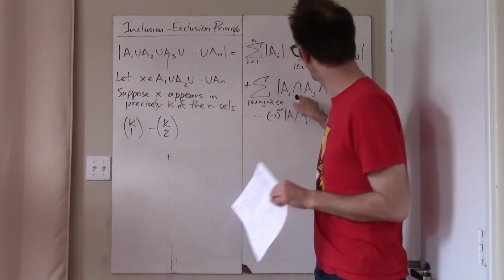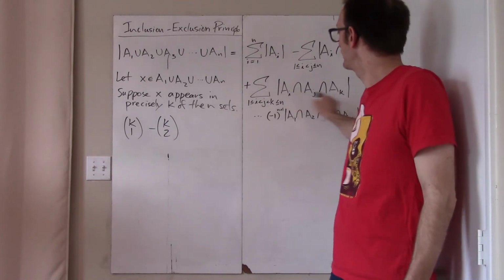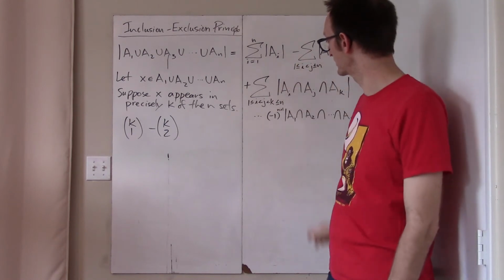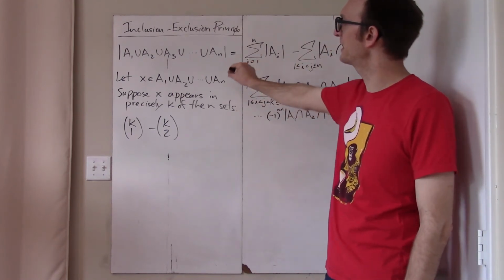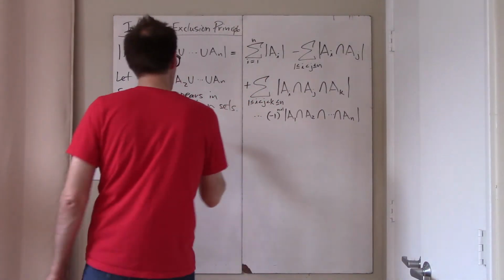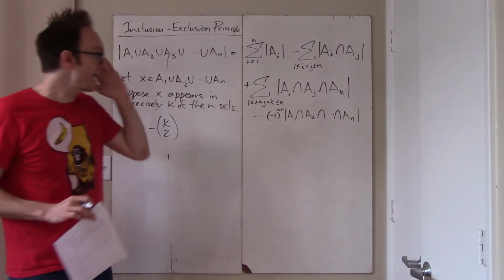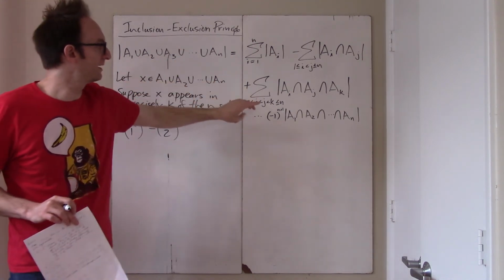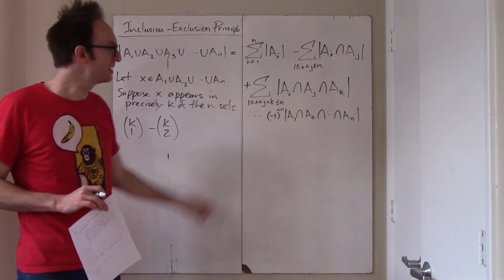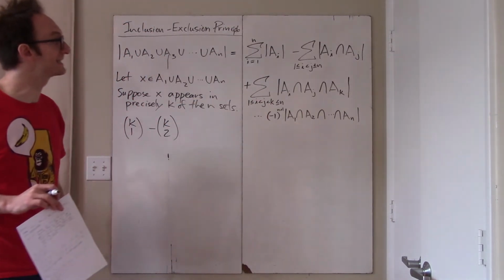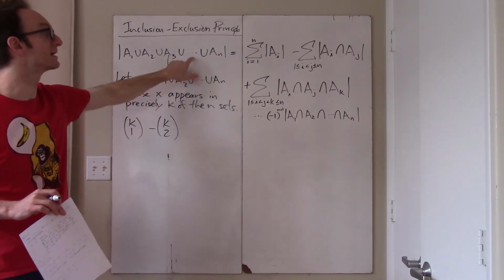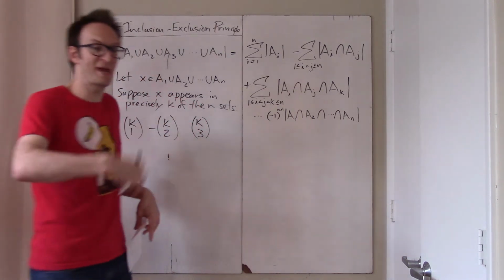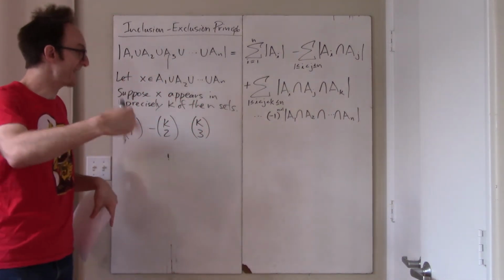What happens in the next step? Well, now I form every triple of sets, and I take their intersection, and I take the size of that intersection, and I add up all those numbers. And so how is x being accounted for in this process? Well, x is in precisely k of these sets, and so there are therefore k choose 3 ways of picking 3 sets that x is in.